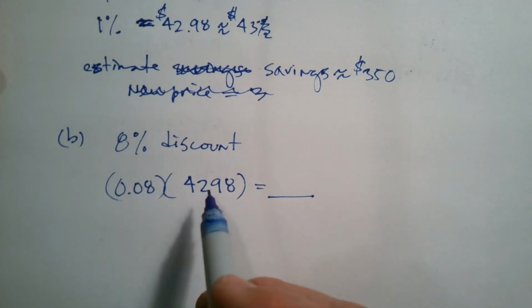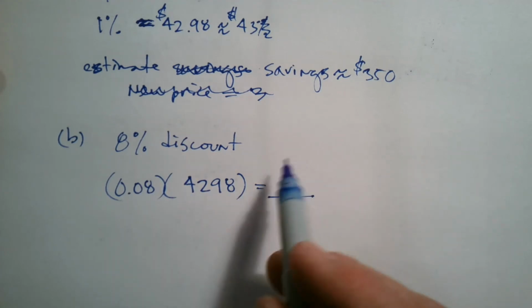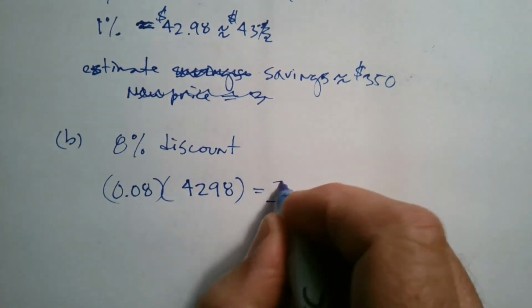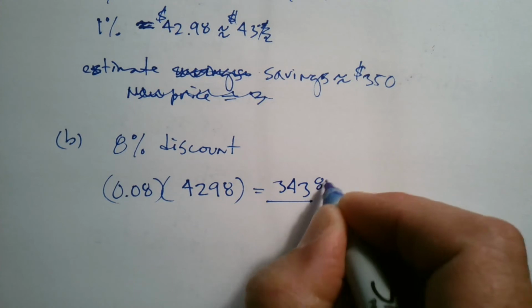I'll do that real quick, and I'm going to use a calculator in this case. 0.08 times 4,298 is equal to $343.84.